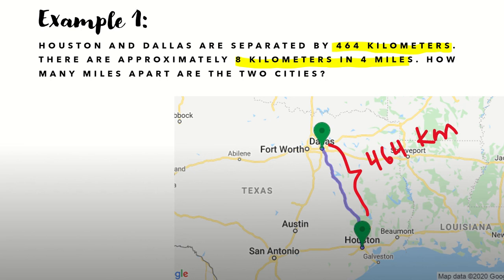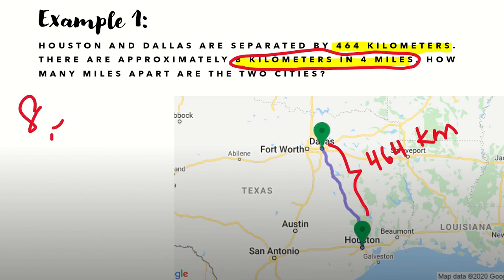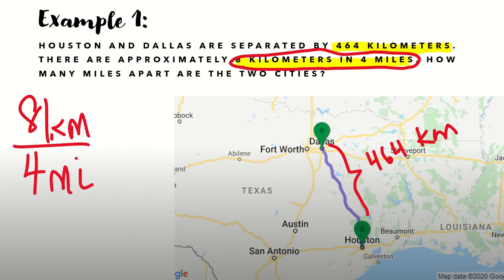Then they've given us a separate relationship, a comparison between kilometers and miles. We're going to take that. There are 8 kilometers in 4 miles, and that's going to be our first fraction. This is the relationship between kilometers and miles: 8 kilometers and 4 miles.